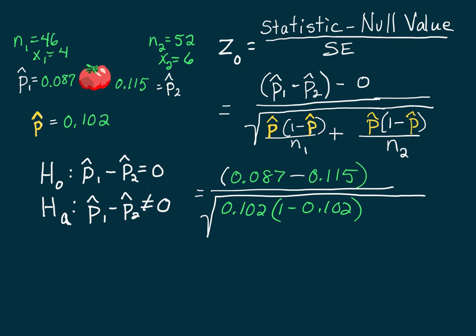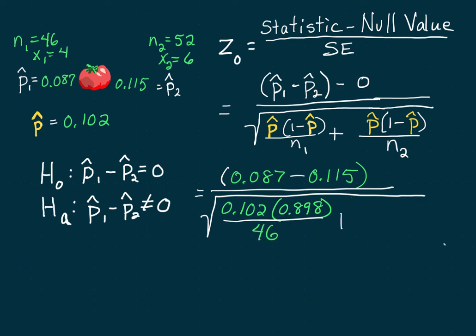1 minus 0.102. That's just going to be equal to 0.898. And then we divide that by our n sub 1, which is 46.